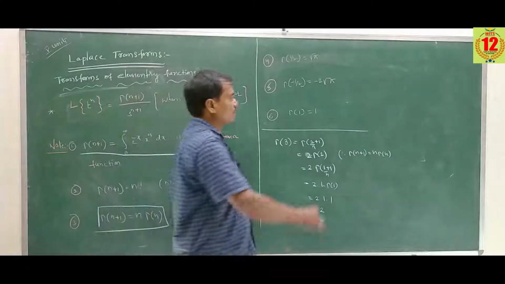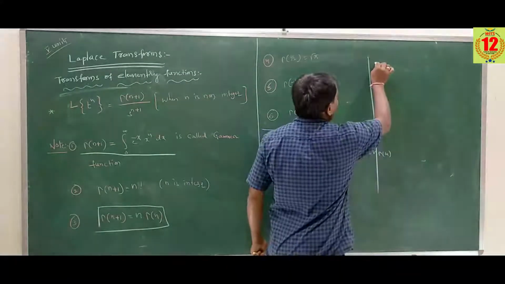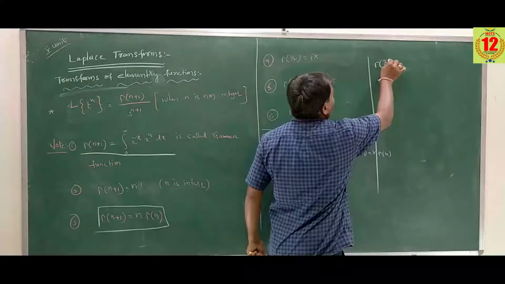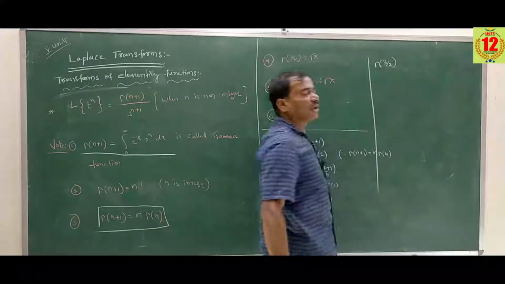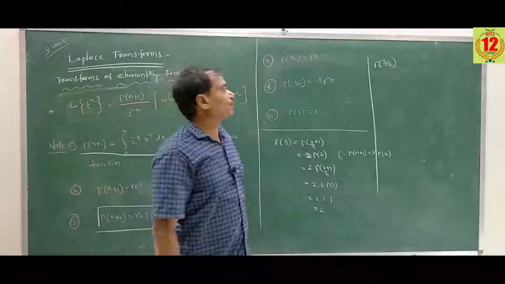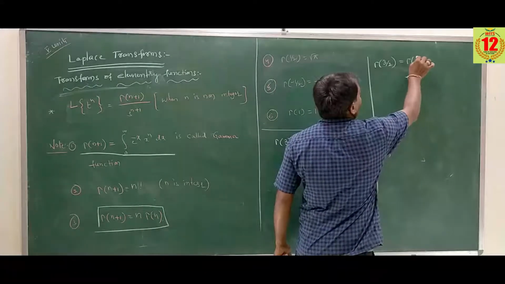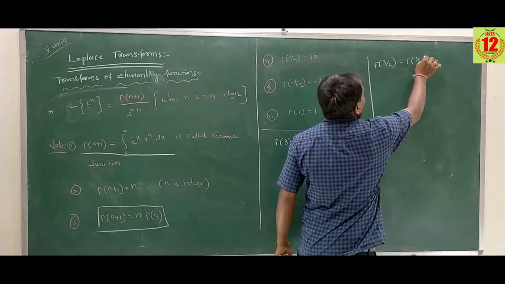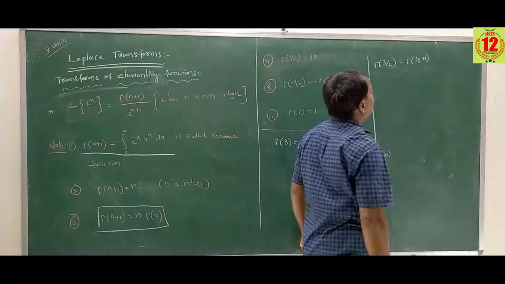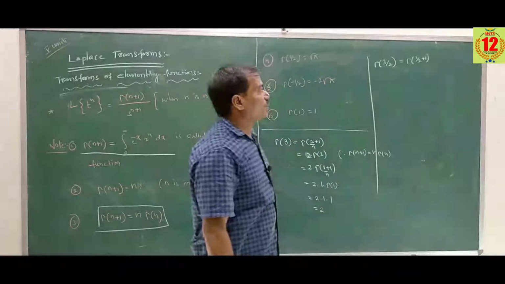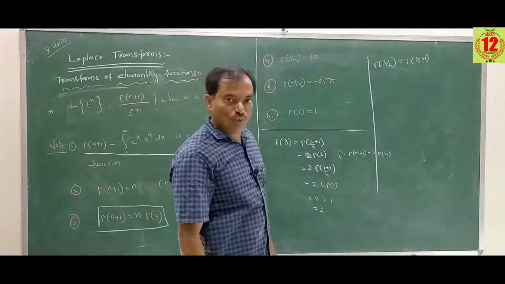Next we have to see gamma of 3 by 2 value. How to find gamma of 3 by 2? The same process here. It can be written as gamma of n plus 1 form. Gamma of 3 by 2 can be written as 1 by 2 plus 1.